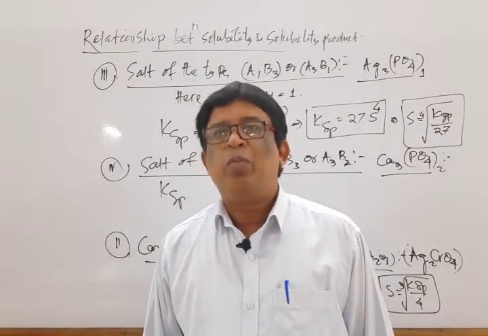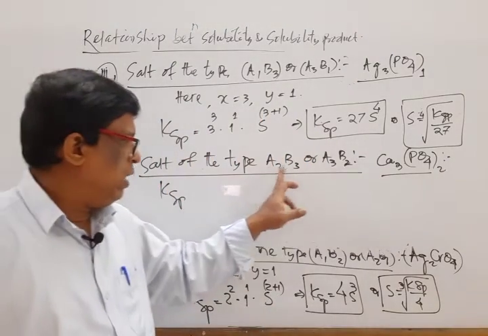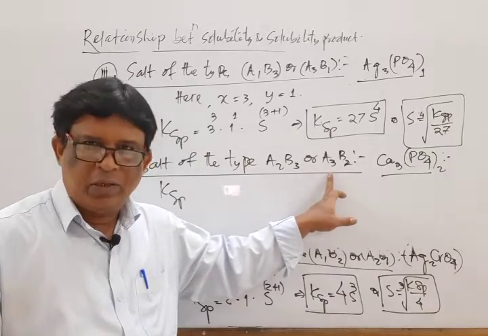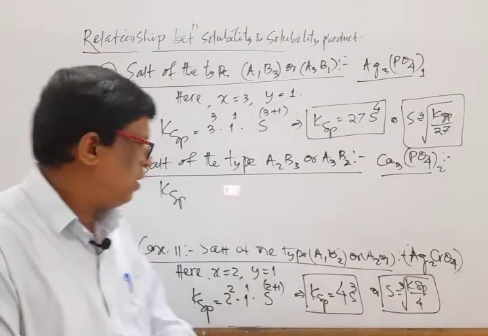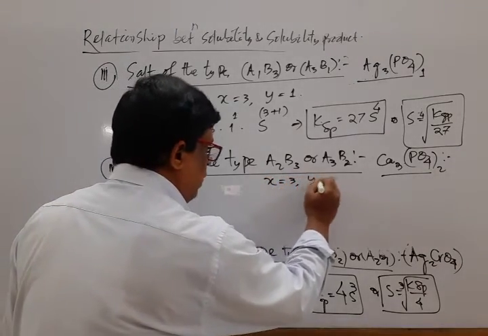Let us observe the fourth type of salt. That means salt of the type A2B3 or A3B2. Example, calcium phosphate. Mark that. Here x is equal to 3, y is equal to 2.